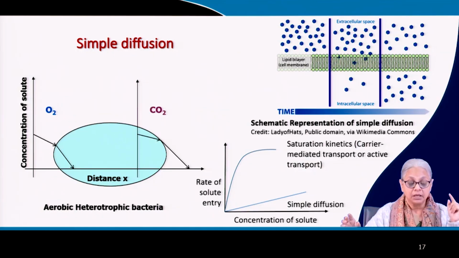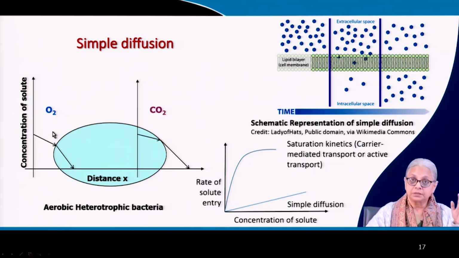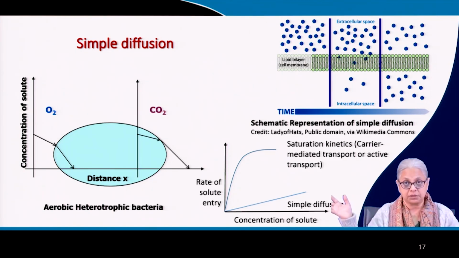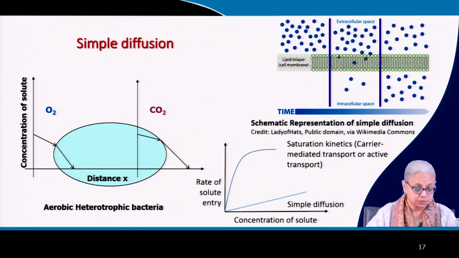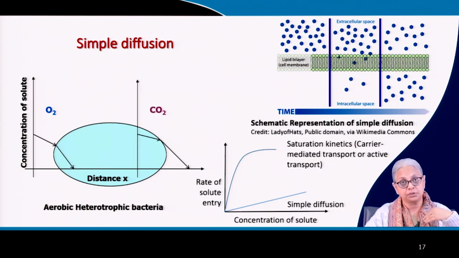So how does it work? Let us take our normal aerobic heterotrophic bacteria, the ones that we see everywhere around us. They're in the water, in the soil, everywhere, inside us and outside us. What are they doing? They need to take up oxygen and they need to throw out CO2. CO2 is the end product of this process.